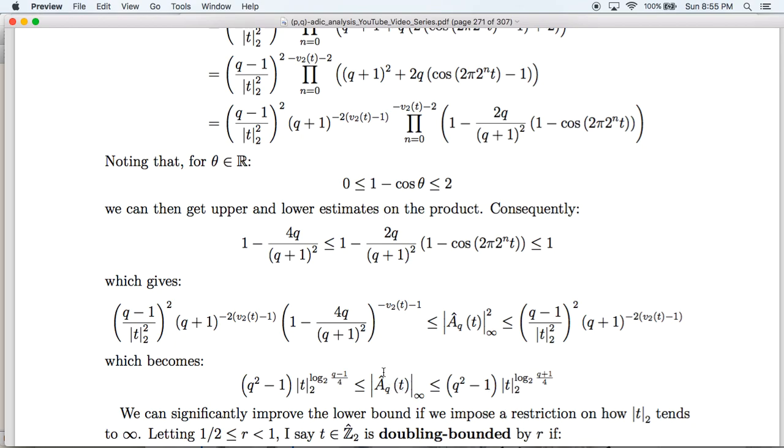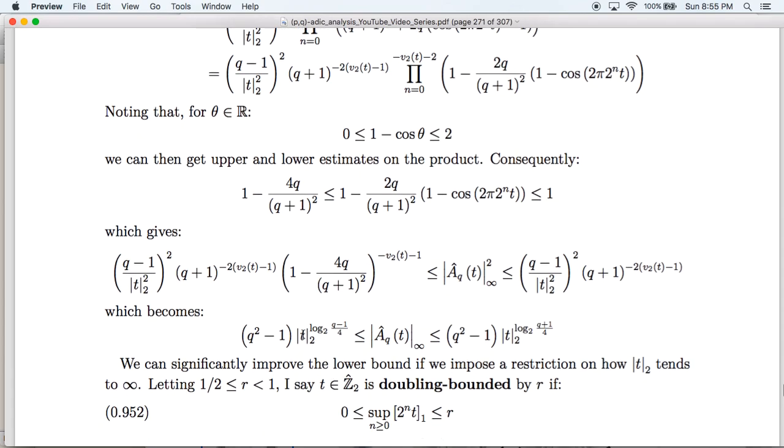On the other hand, when q is equal to 5, this exponent is going to be 0, and this exponent here is going to be slightly larger than 1. That lower bound then is not going to be enough to prove divergence almost everywhere when q is equal to 5. On the other hand, when q is prime greater than or equal to 7, this exponent is going to be a positive real number, and then we get the divergence.